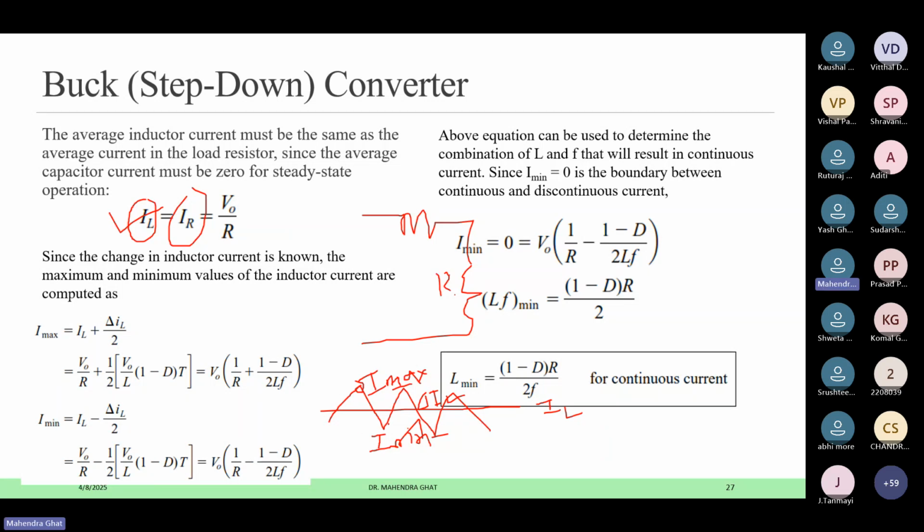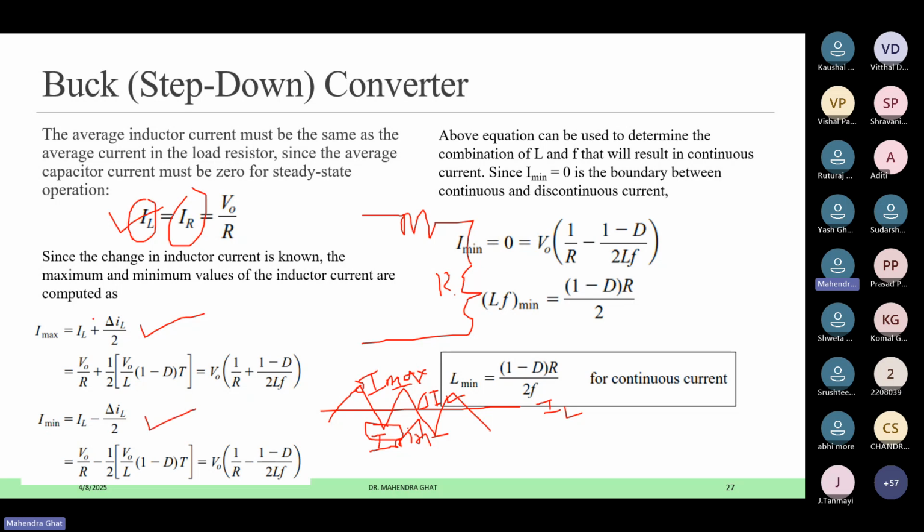And if we subtract half of the delta IL, you will get the I min. The same equation you can see: IL plus delta IL by 2 is the I max, and IL minus delta IL by 2 is the I min.